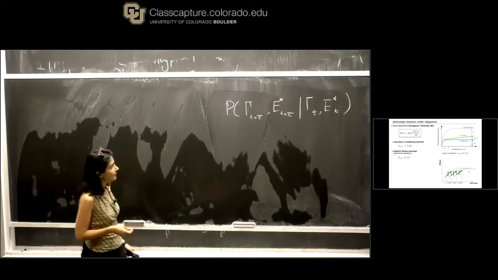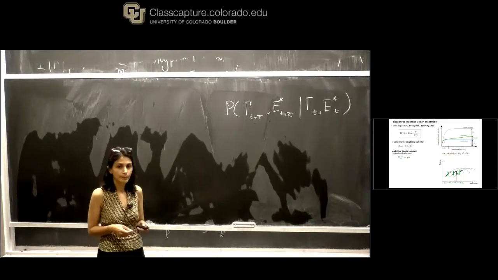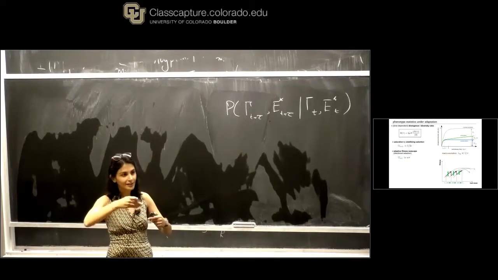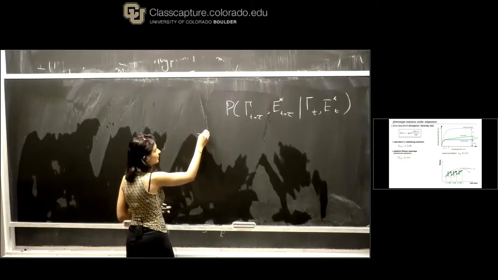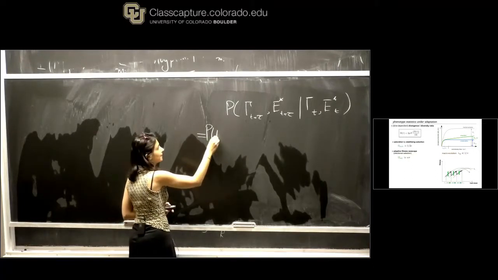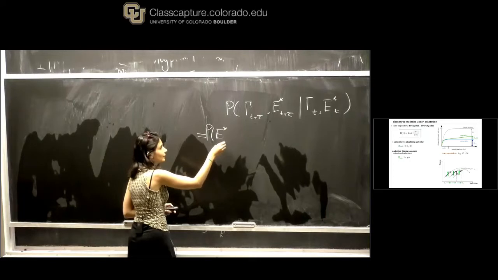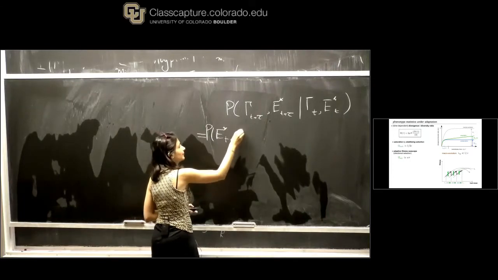And because we don't have a feedback, basically E star dynamics drives the evolution of gamma. So you can simplify it a bit further.